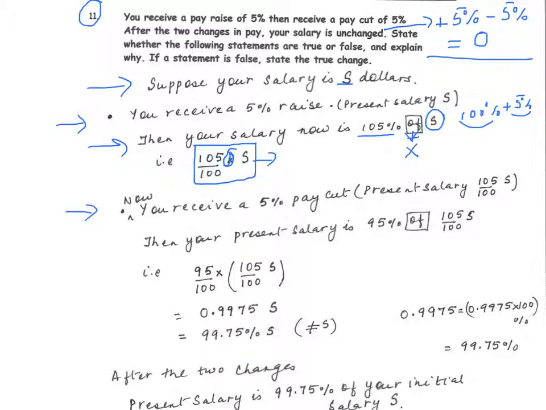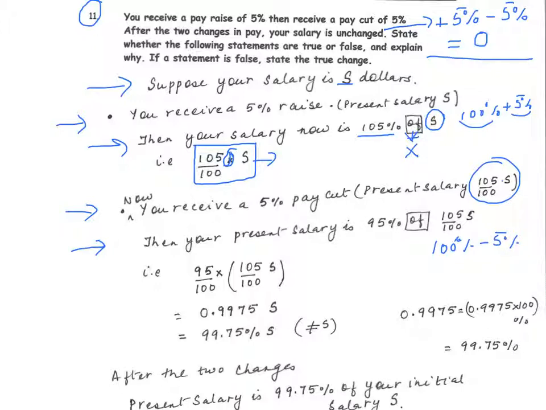Now, the next thing that happens is that you receive a 5% pay cut. And the question is 5% of what? The minute we say it's a 5% pay cut, it is 5% off what your present salary is, which is 105 over 100 times S. So your present salary is 100% minus a 5% off your present salary.